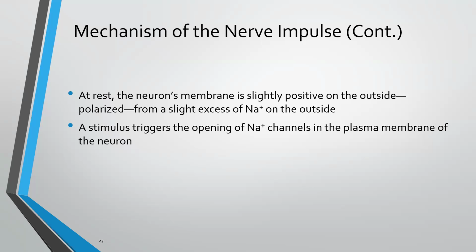On the inside of the neuron is potassium, which makes it more negative. So a stimulus that triggers the opening of sodium channels in the plasma membrane of the neuron will allow sodium ions from outside the neuron to go inside. Different types of stimuli that could initiate nerve impulses are pressure, temperature, and chemical changes.